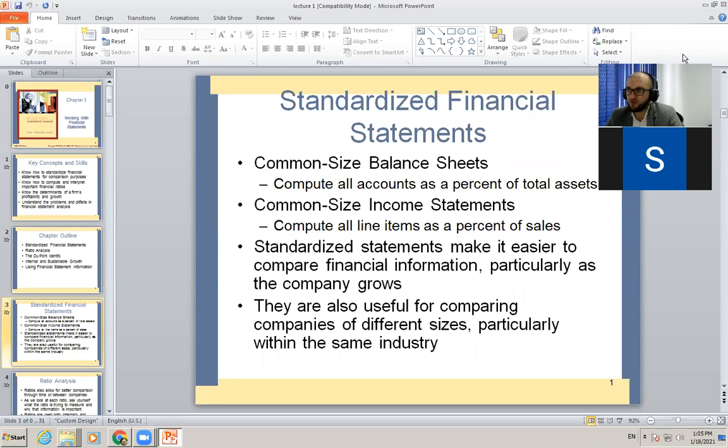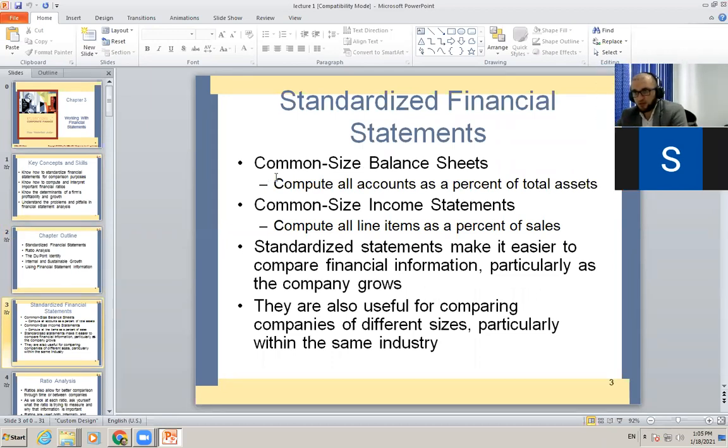Talking about the risk management, when we compare the industry, the common size balance sheet, we need to convert something into common. If you compare two different companies in different countries, you need to make something common.